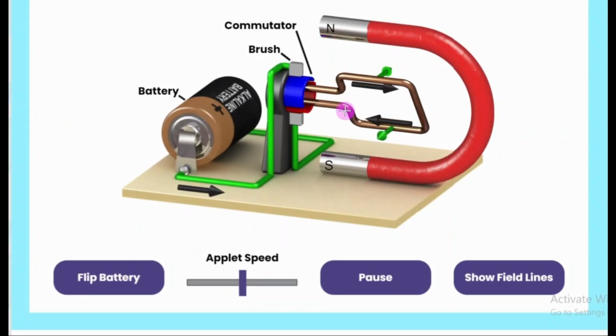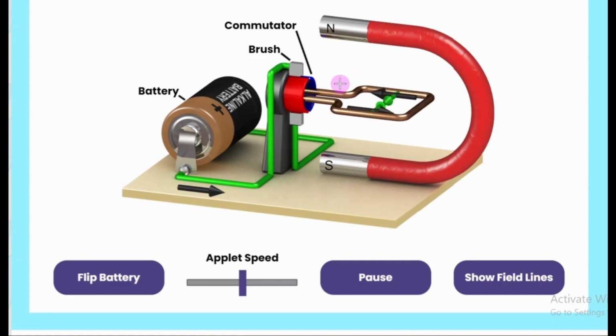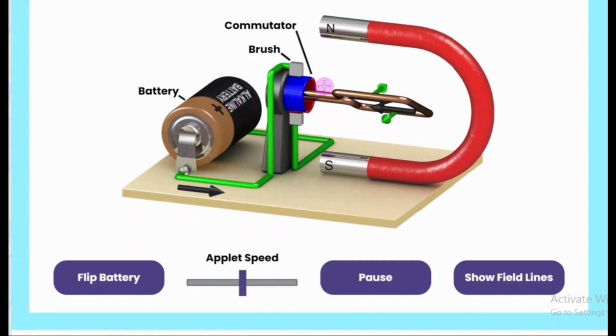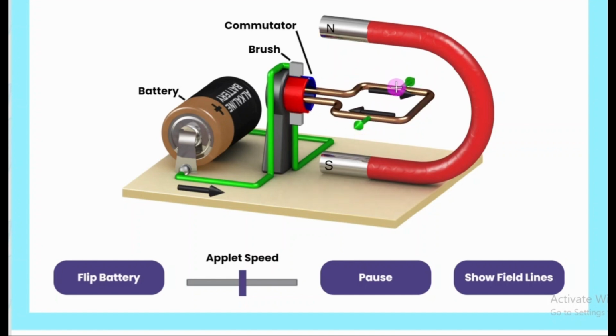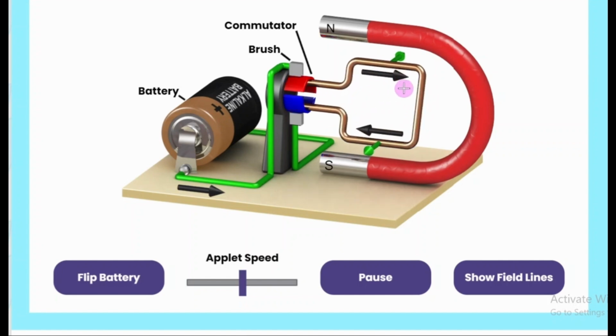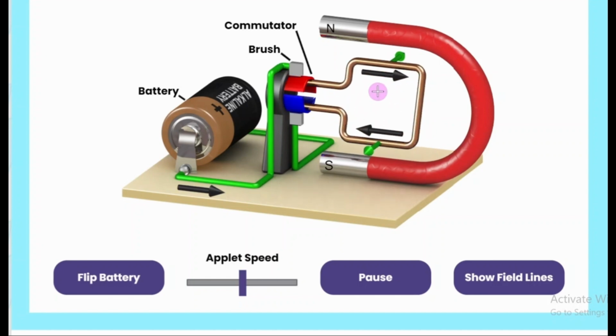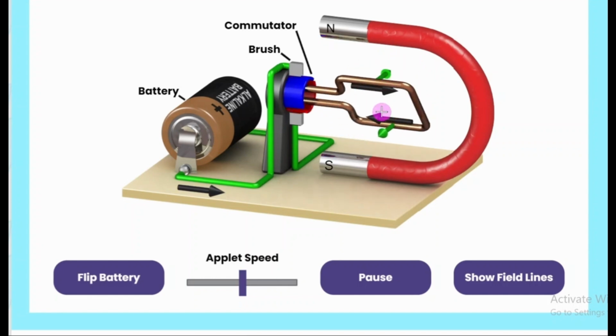Here we have the conductor, and that conductor is connected to the battery, and when the current is passing through this conductor, a magnetic field will be produced around this conductor. That magnetic field of the conductor, we call an internal magnetic field.